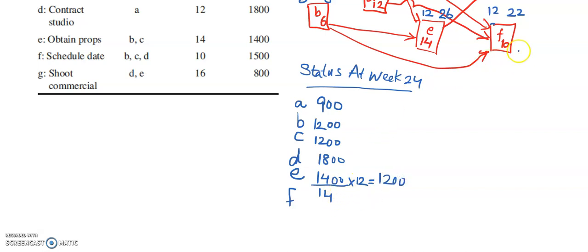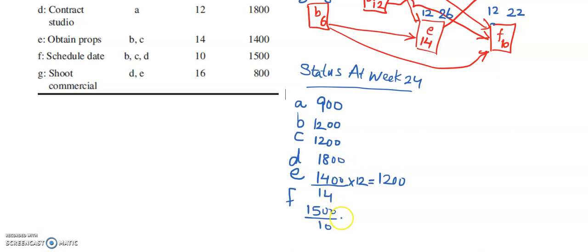For F, the cost is 1500 for 10 days. Now how many days are here? 12 to 22.